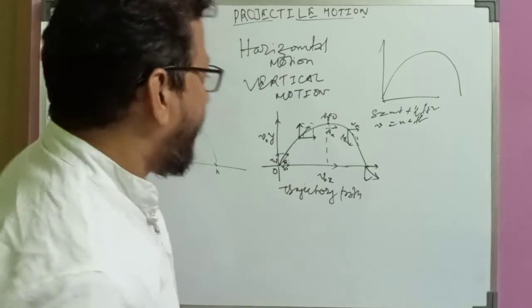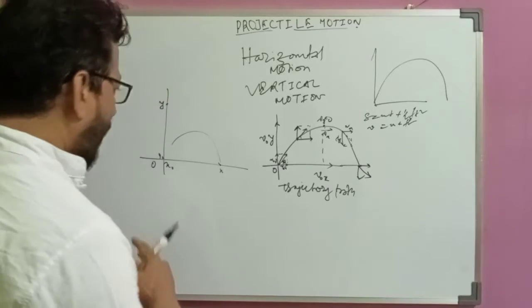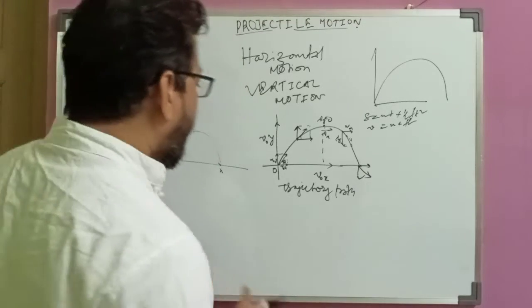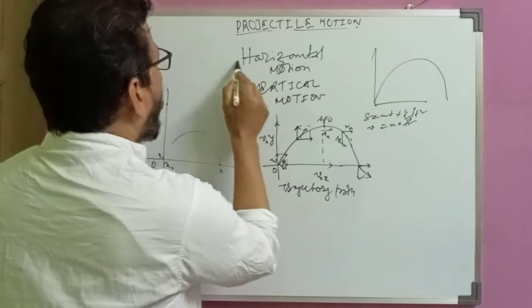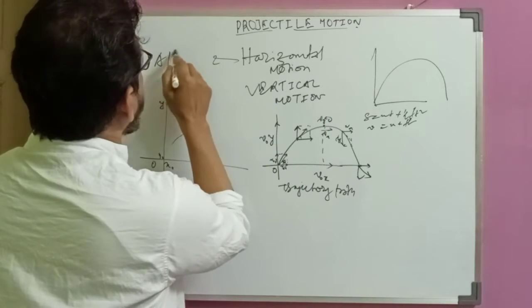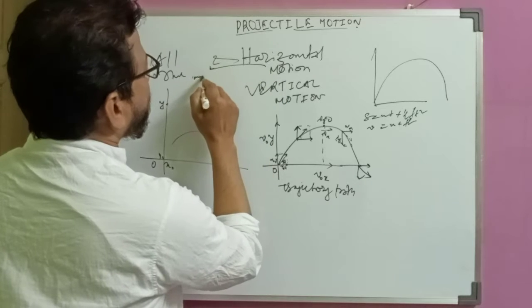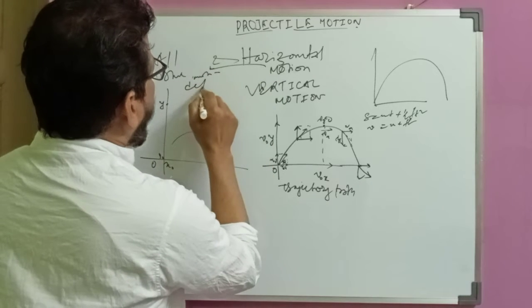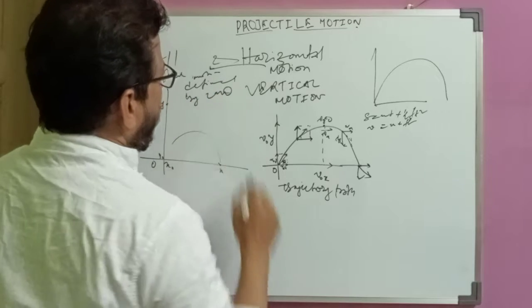If we divide the composition into sine and cos theta, always keep in mind that all the horizontal motion is defined by cos theta.